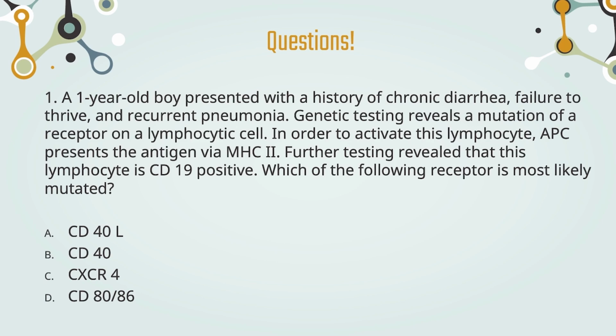So it's definitely not A. Now, our options are CD40, CXCR4, and CD80, 86, right? The activation of B cell is dependent on interaction between CD40 ligand and CD40 receptor, right? So, in this question, there's mutation of CD40 receptor, which caused failure of activation of B cell. All right.